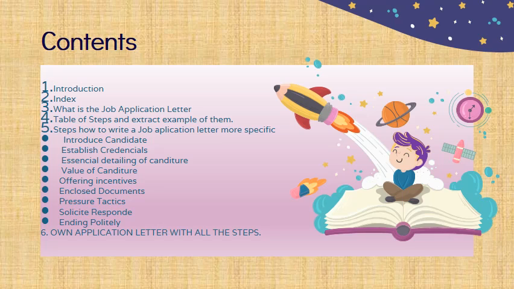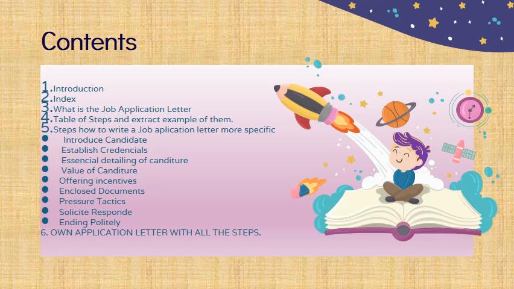In this case, I'm going to present one example of a job application letter doing all the steps, but in a more general way. Point number 5 is all the steps, how to write a job application letter more specifically. We need to take into account the next points.